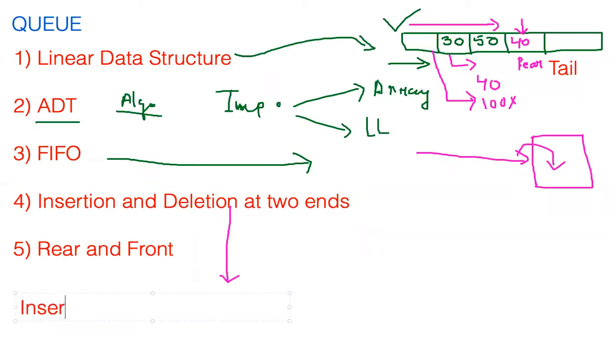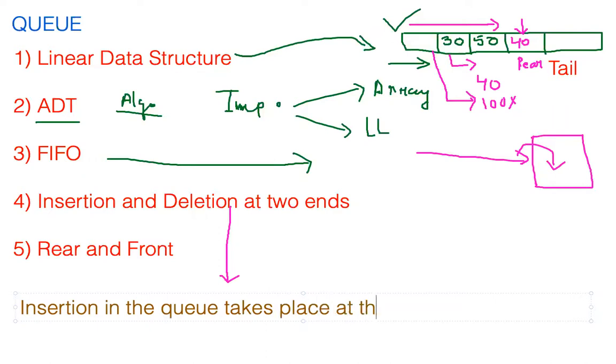Insertion in the queue takes place at the tail, and it is known as NQ. Whenever we are inserting an element, that operation is known as NQ.